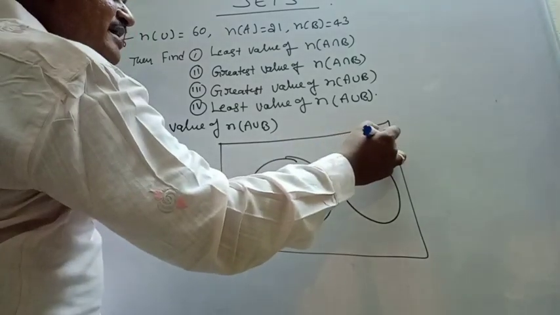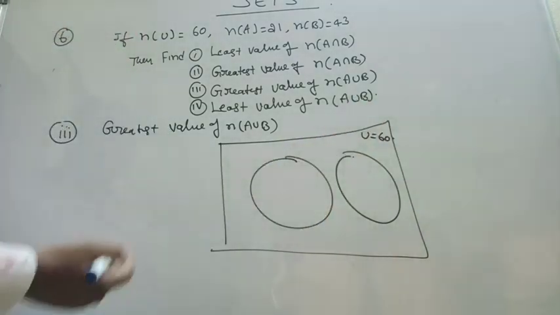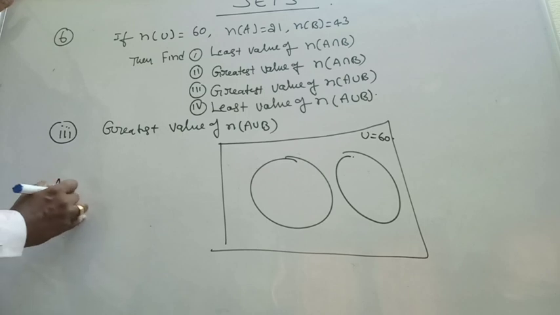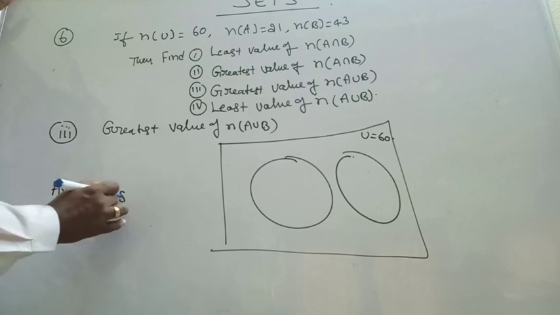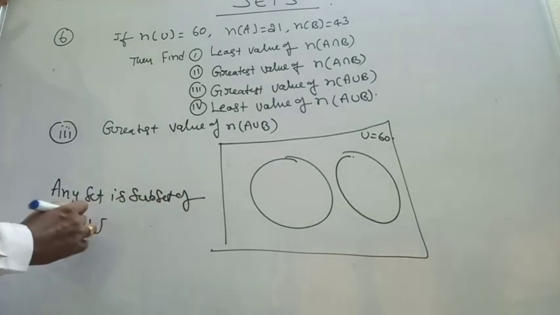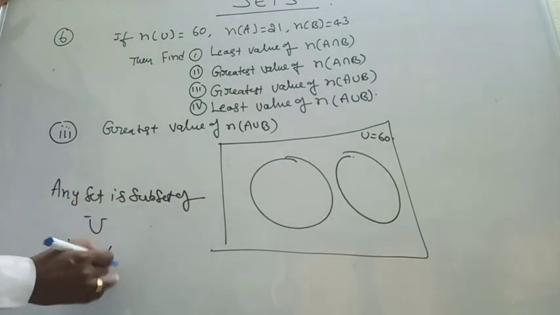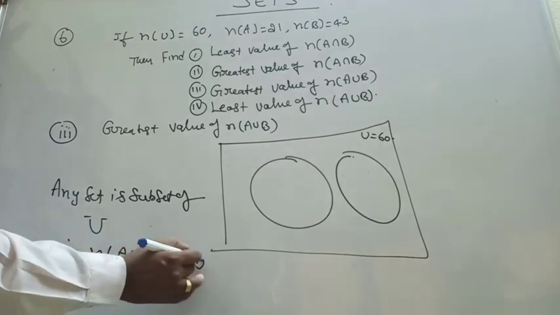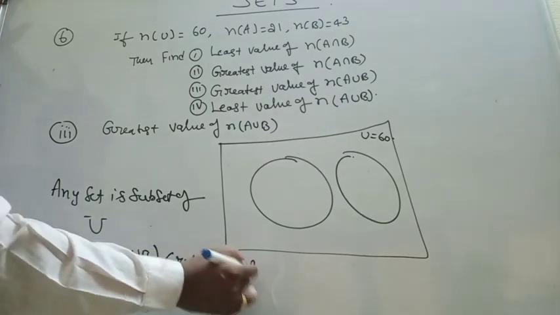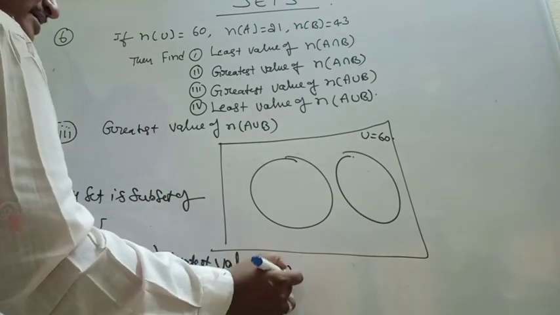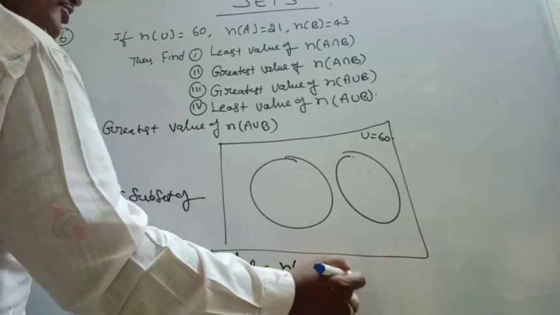Therefore, the greatest value of n of A union B is the number of elements in the universal set itself. That means n of U, that equals 60 only.